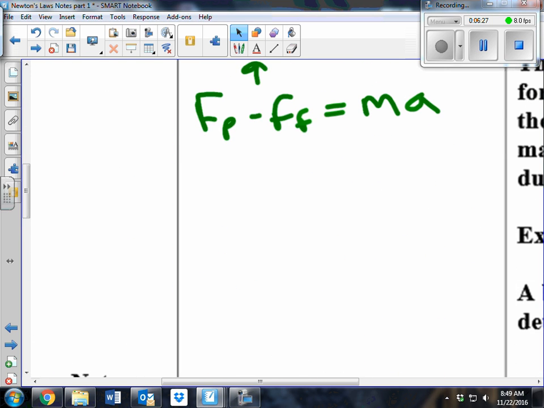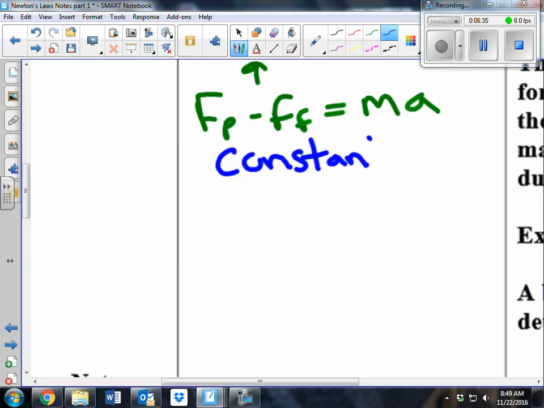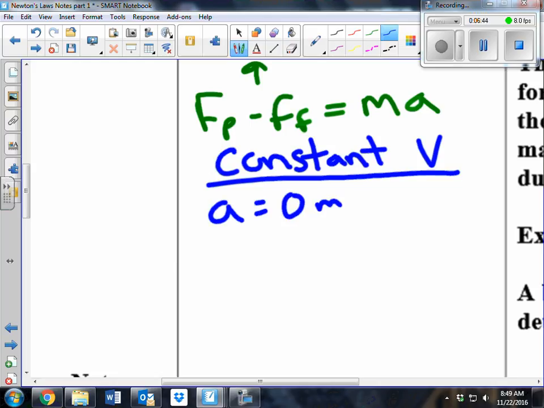As you can see, Newton's second law is pretty straightforward. It's only that equation. And let me show you something real quick. So what if we have constant velocity? So we have constant v, right? Well, if we have a constant v, we have no acceleration because the definition of acceleration is change in velocity. So because we have no change in v, a equals 0.